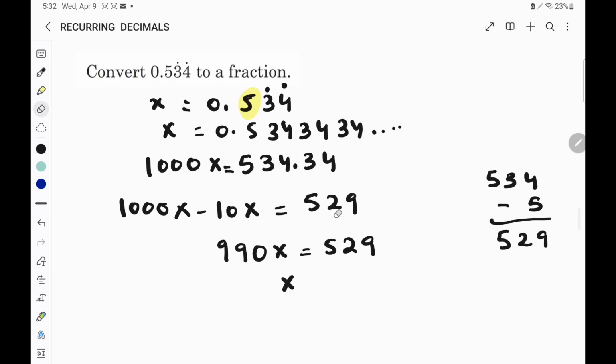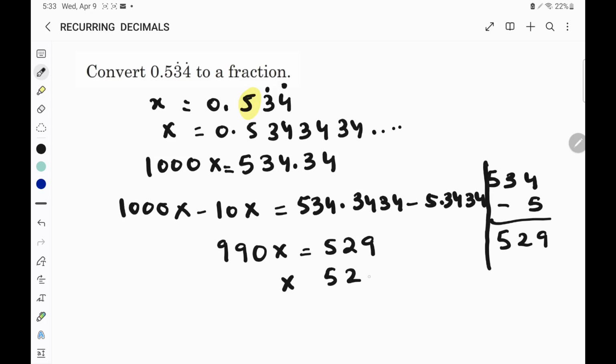You can add this step if you want to write down everything: 534.3434 minus 5.3434, like this. I just simply do this, which you can easily understand. 990x equals 529, so x will be equal to 529 divided by 990. That is the answer for this part.